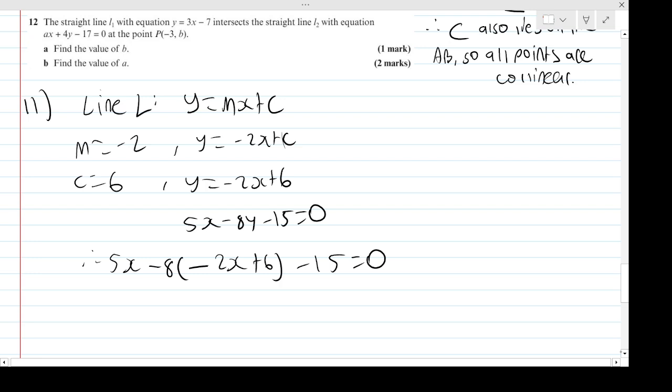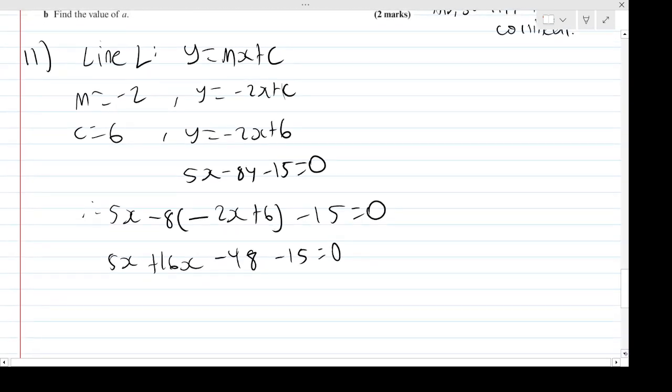Then I could just expand it, right? So then 5x minus 8 times minus 2 is plus 16x. Then minus 8 times 6 is going to be 48, so minus 48. Minus 15 equals 0. Right, then this is just a simple equation in terms of x to solve.